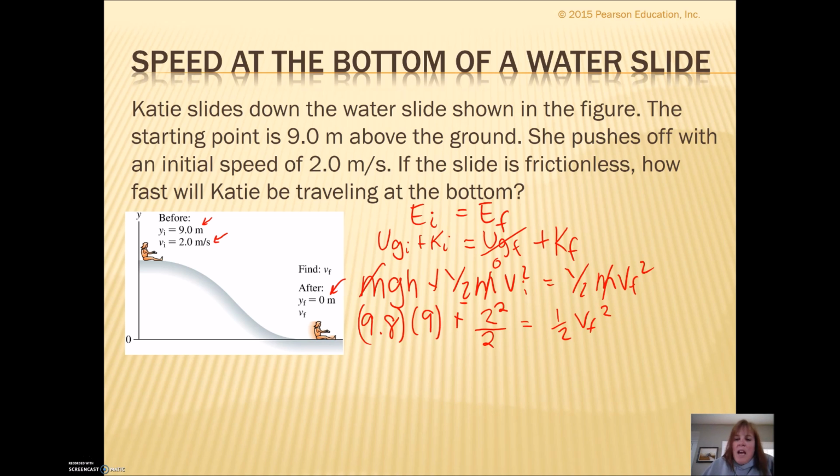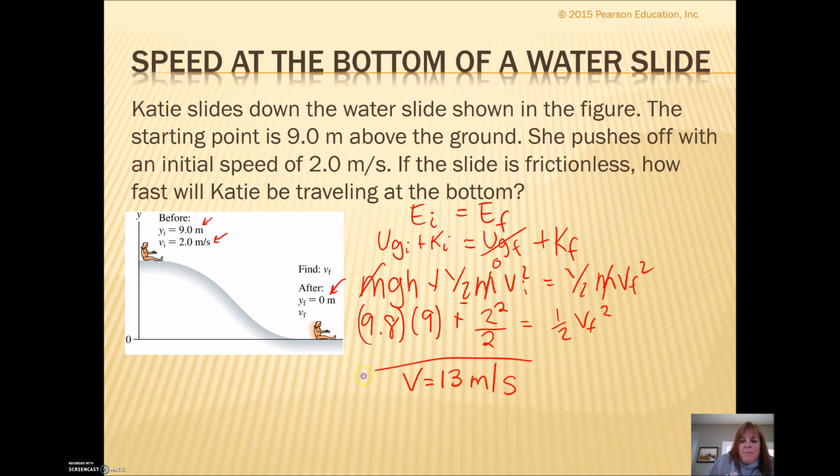All right, so now it's just a matter of doing some math. 9.8 times 9, 2 squared, which is 4 divided by 2 is another 2, so we're going to add 2 to that. We're going to multiply everything by 2 to get rid of the half, and then we're going to take the square root. So if you do that successfully in your calculator, you are going to get 13 meters per second.